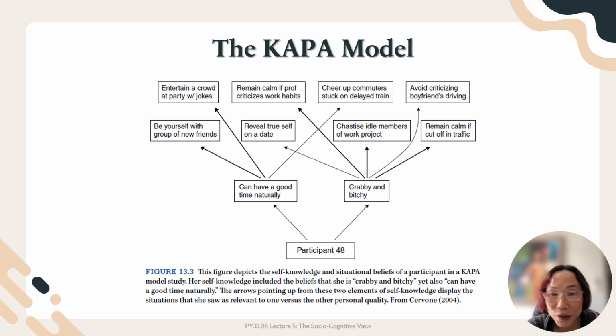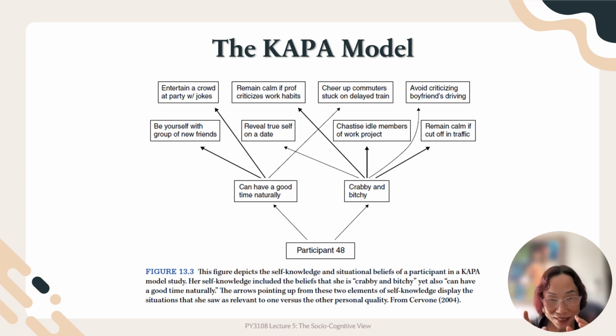Chastising idle members of a work project, she felt she could be crabby and bitchy. Remaining calm if cut off in traffic, for example stopped at the traffic lights again and again, she can be crabby and bitchy. But entertaining a crowd at a party with jokes, she feels she can have a good time naturally. So this is the way KAPA works.